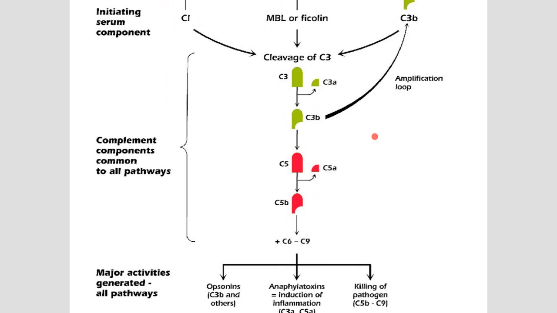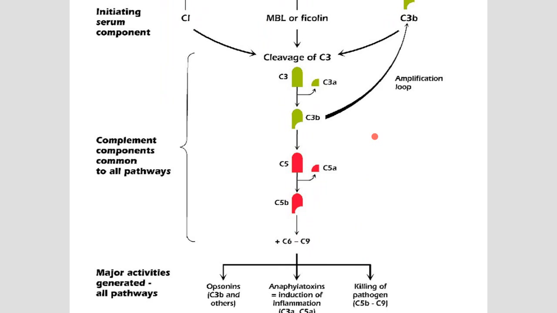Now what happens is that these proteins are cleaved into different components. And for each component, we have a different enzyme, because they are proteins. Some of them have a smaller portion, or some of them have a bigger portion. Some of the portions are soluble, some of the portions are there for binding.